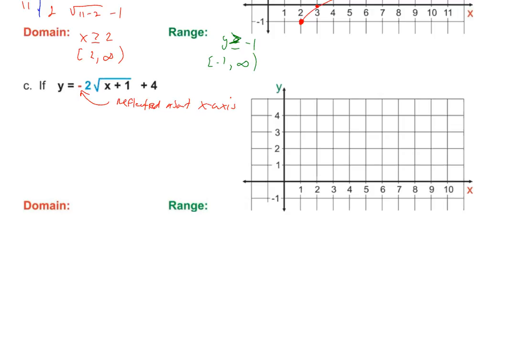How would you start a problem like this? You'd start with the vertex. Don't miss that. Those of you that are going to struggle tonight, you're going to struggle because you're not going to start with the vertex. You got to start with the vertex. And what are the coordinates of the vertex? -1, 4.